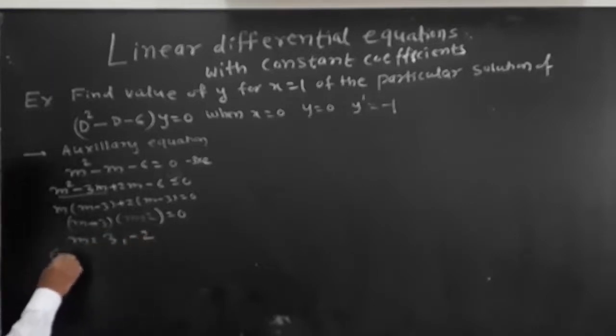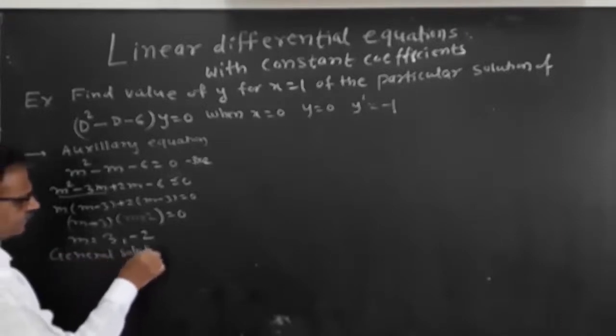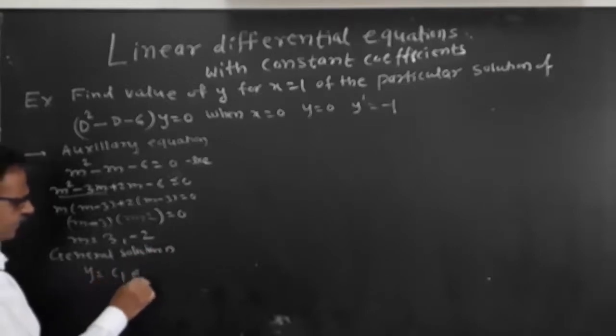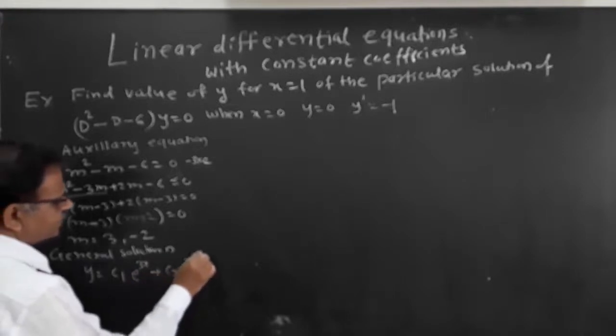Therefore, the general solution is y equal to C1 e raised to 3x plus C2 e raised to minus 2x.